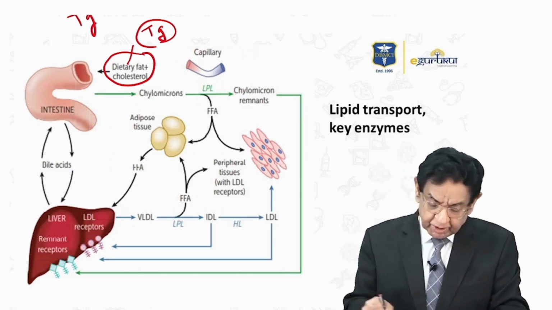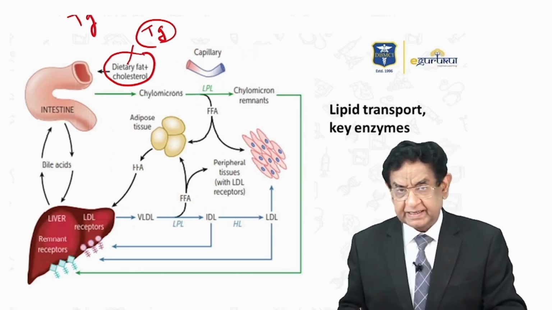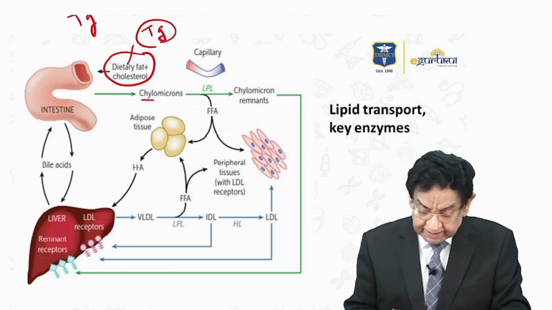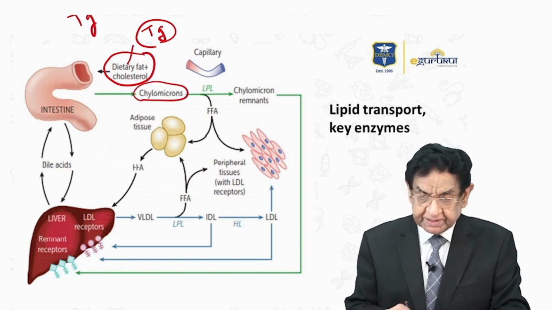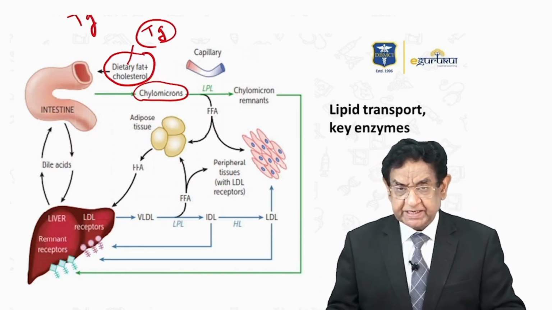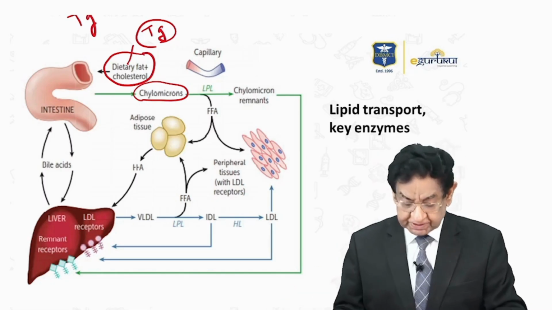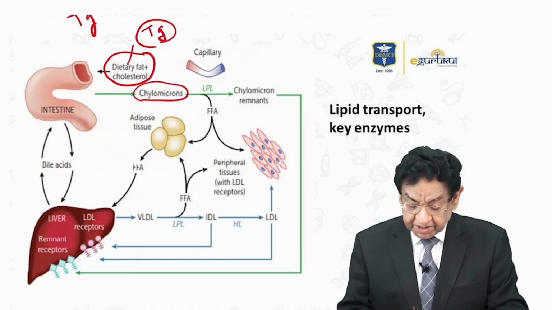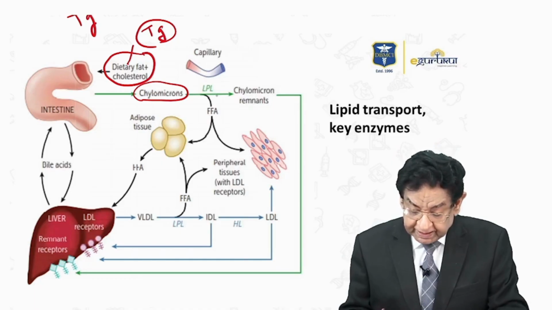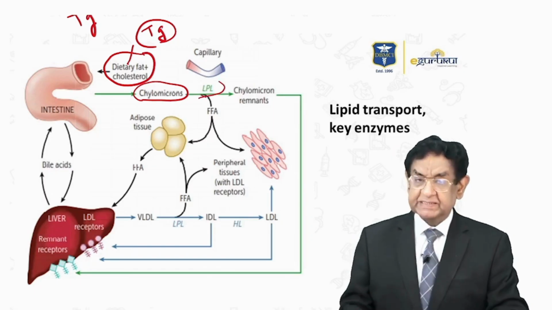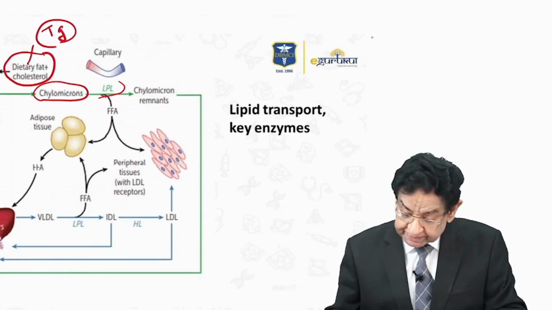Triglyceride is broken down, taken by the intestine, and they make chylomicron. Chylomicron comes into the circulation. This is a detailed cycle. I'll come to it in much more detail in the coming lecture, but this is a brief outline. Now this chylomicron is acted on by lipoprotein lipase. LPL stands for lipoprotein lipase.